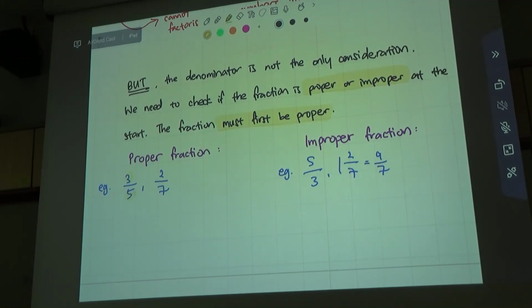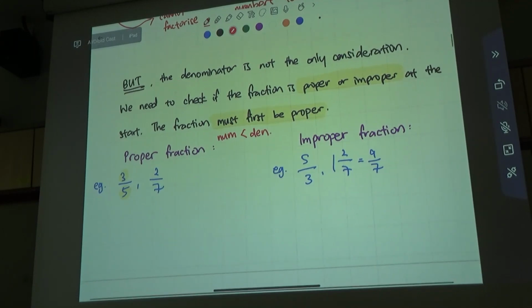The numerator is smaller than the denominator. I'm writing it in short form, DEN for denominator. And an improper fraction is improper because the numerator is larger than the denominator.